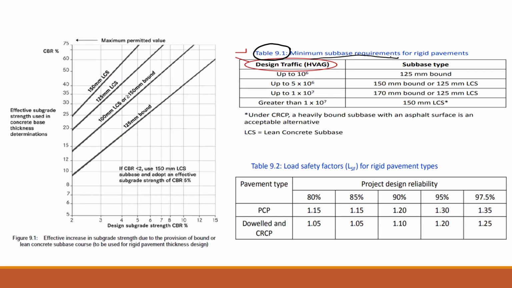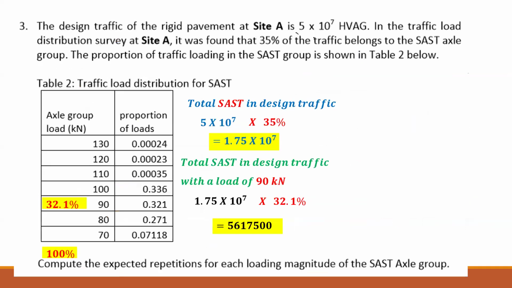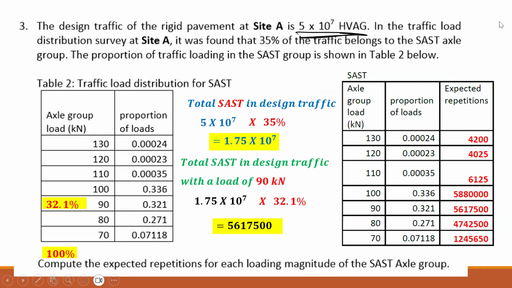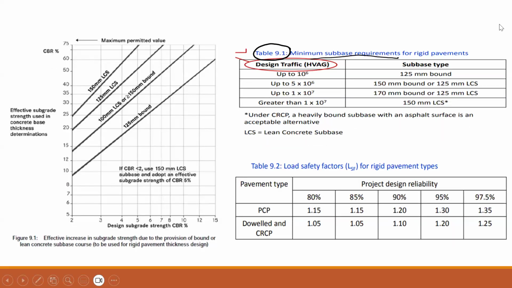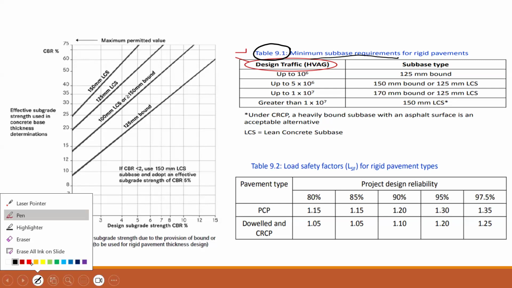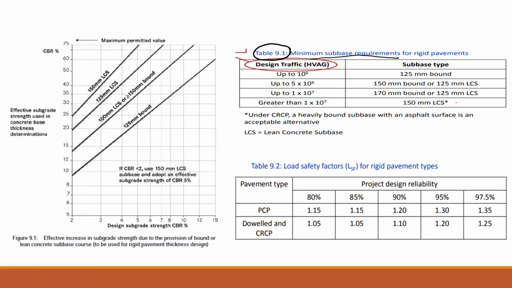Do you remember? 5 times 10 to the 7, isn't it? Let's go back and say 5 times 10 to the 7. So what should be our minimum sub-base requirement? What is that? 150 lean concrete sub-base. So that will be this line here.